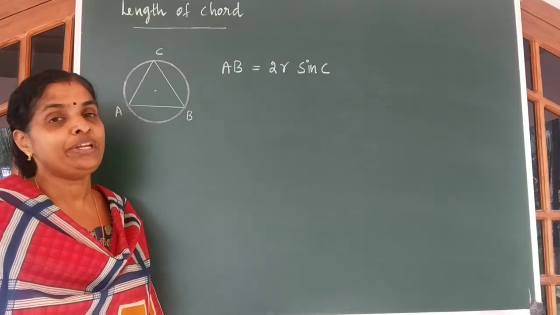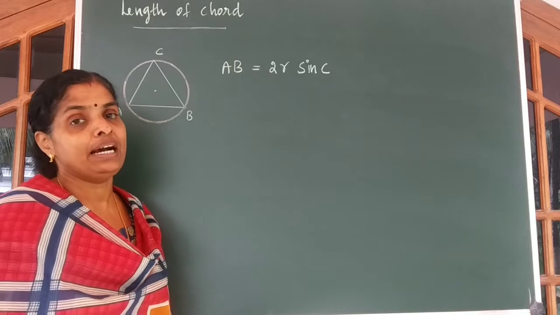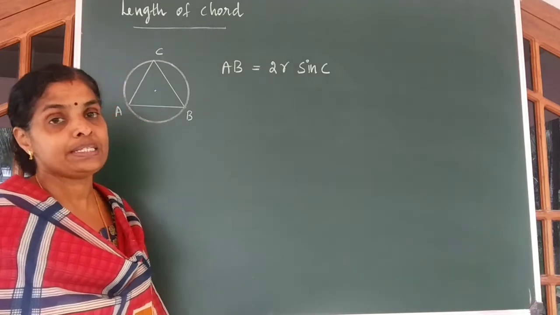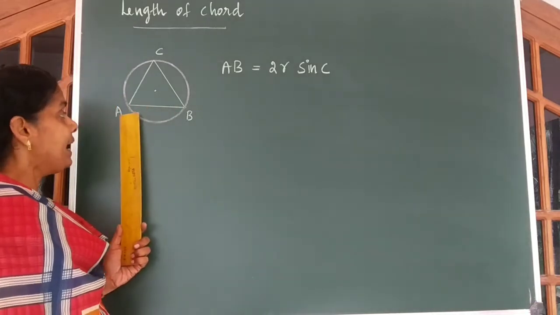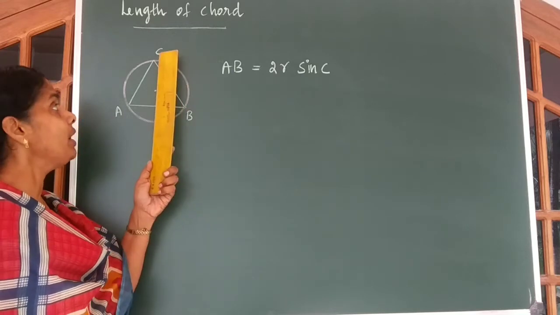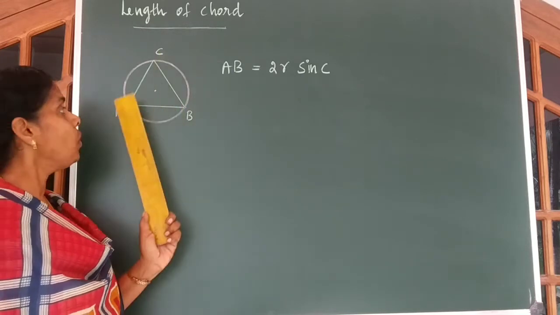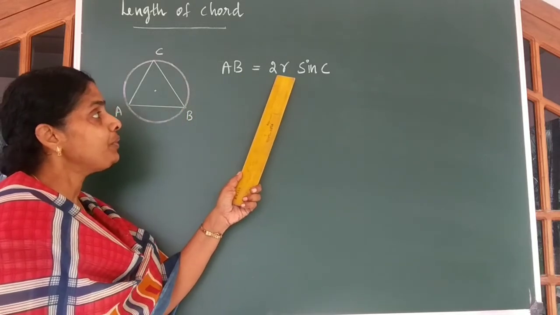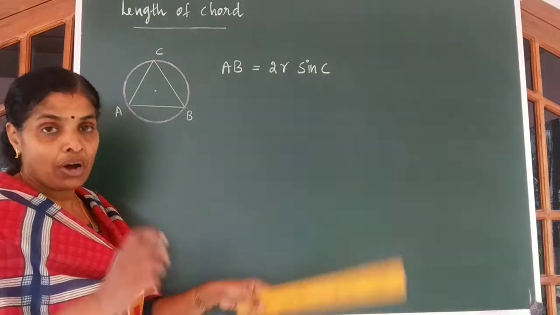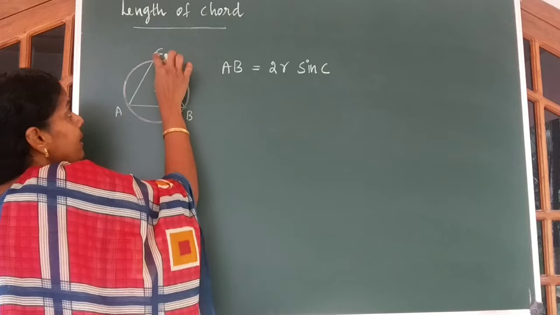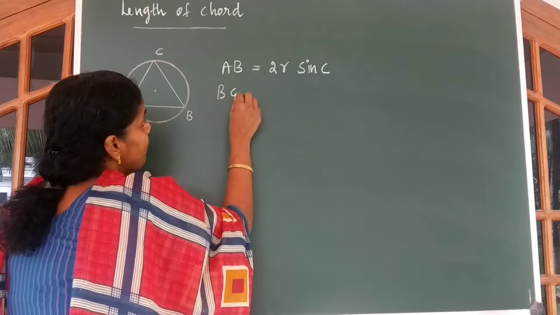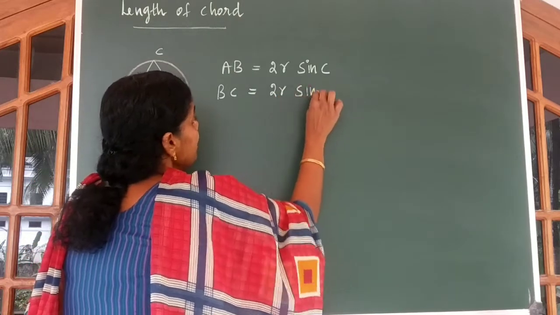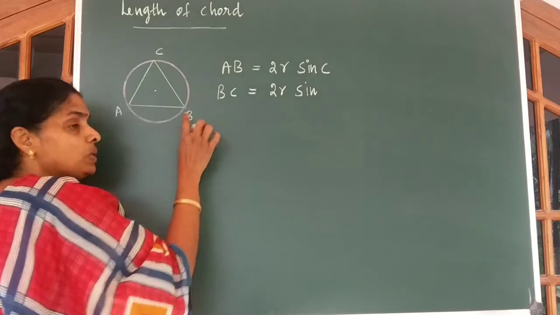Children, here I am going to discuss two important formulas to find the length of a chord and also the diameter of a circle. Look at the figure. I have drawn a circle and AB is a chord, C is the angle opposite to AB. Now we know the formula AB is equal to 2r sine C. If you need BC, the formula is BC is equal to 2r sine of the angle opposite to BC.